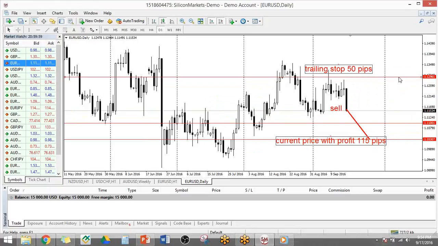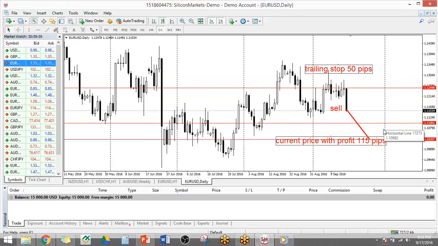Let's say our stop loss, to make it not confusing, is at 1.3. If the market moves 50 pips in our favor, the stop loss also moves down with us by 50 pips, so it's going to be around here at 250.